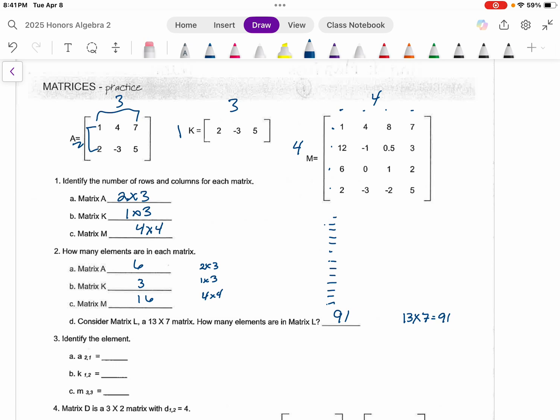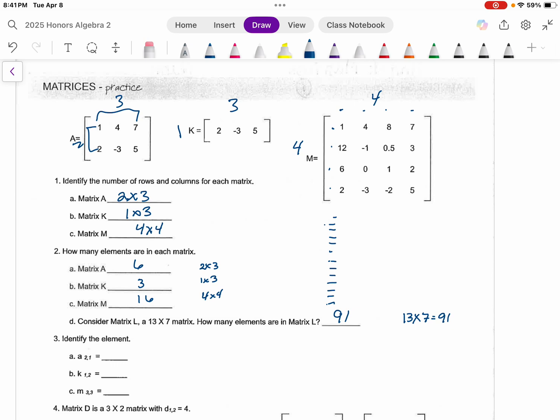And then we would go 7 columns: 1, 2, 3, 4, 5, 6, 7. So it's pretty big. All right, so I'm going to change up pens here real quickly and get back to writing. Let's see if this one works.